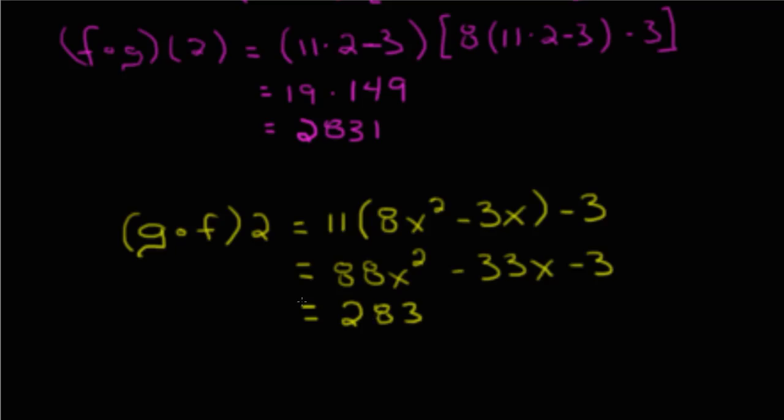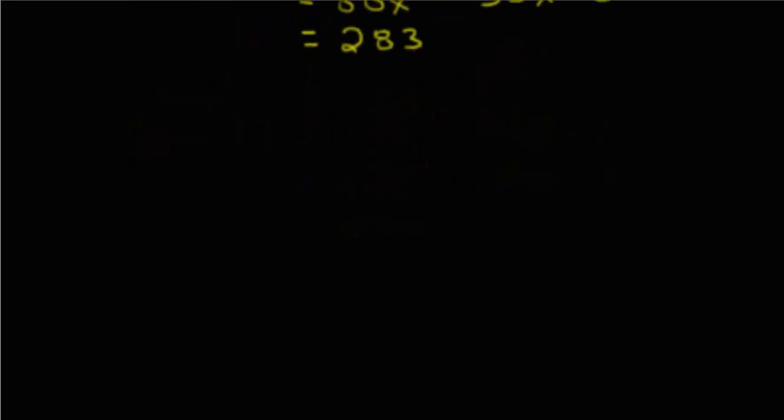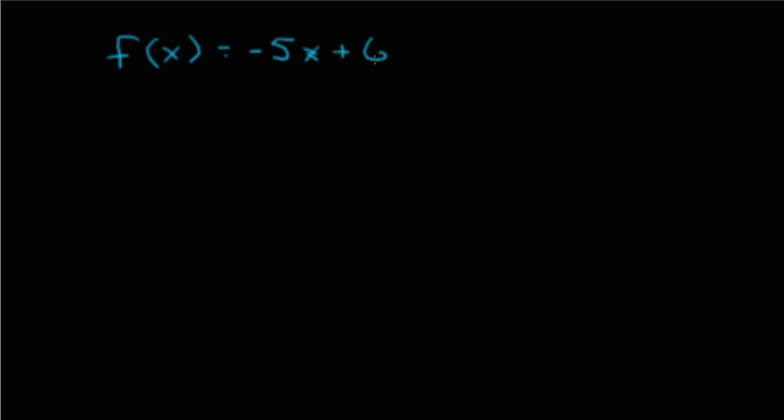So in our second problem that we've been given, we have f of x equals negative 5x plus 6, and g of x equals 2x plus 5.